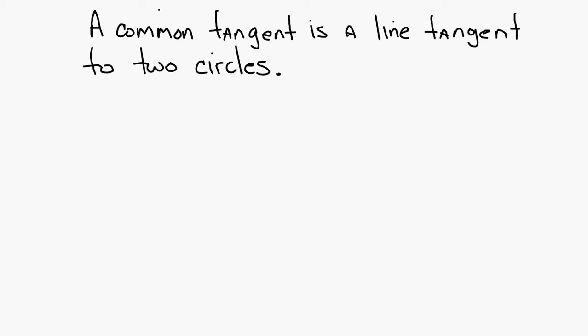And they give you 2 examples. So look at them both, write them both down if you want. There's 2 ways that they can be tangent to 2 circles. So you've got this case.